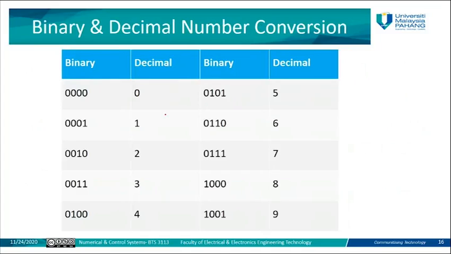So here is the table that shows you the value for 0, it is 0; 1, it is 1; this is 2, 3, 4, 5, 6, 7, 8, 9. So each number from 0 to 9 can be represented by a specific number of binary digits. And this is only how the code that we are going to develop will be sent to the controller, or to the MCU, or to the machine controlling.